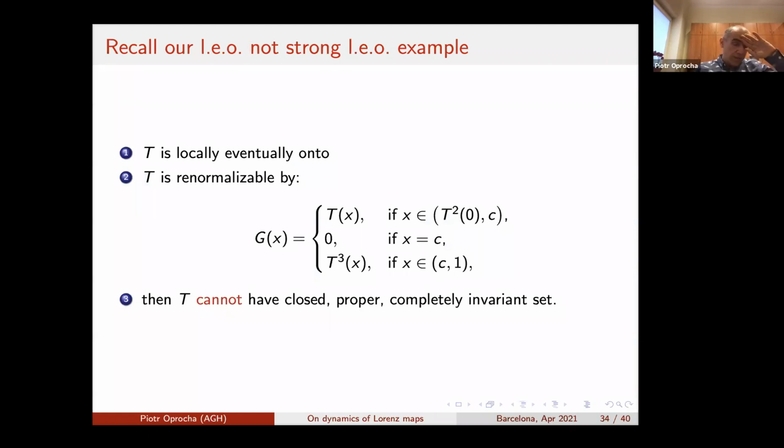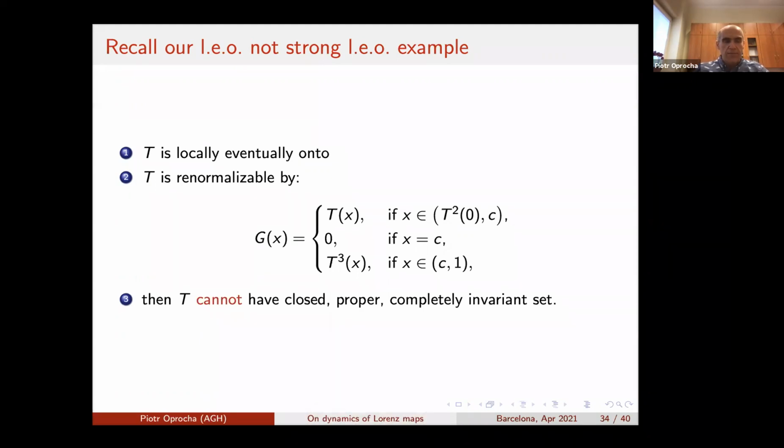Let us come back to the example that we have with Piotr and Pavel. It was made for a different reason, but this map was locally eventually onto, so it was definitely transitive.